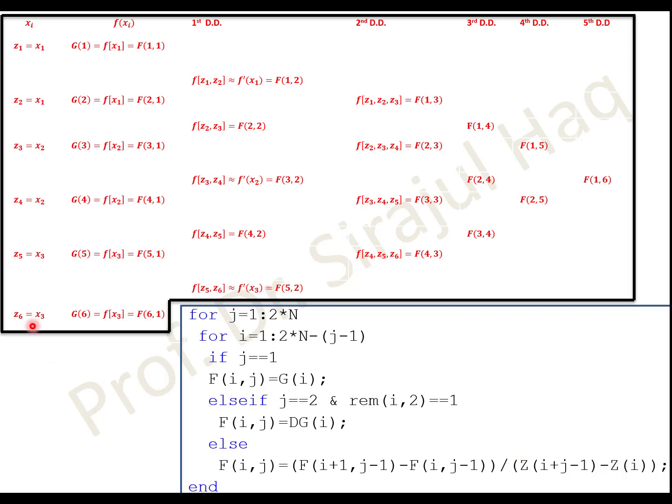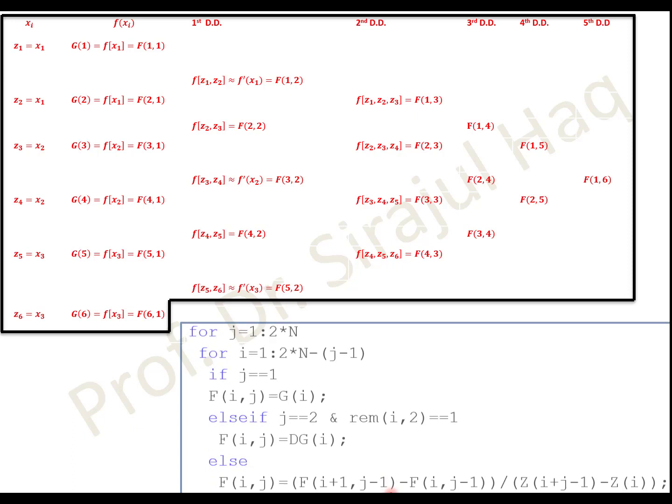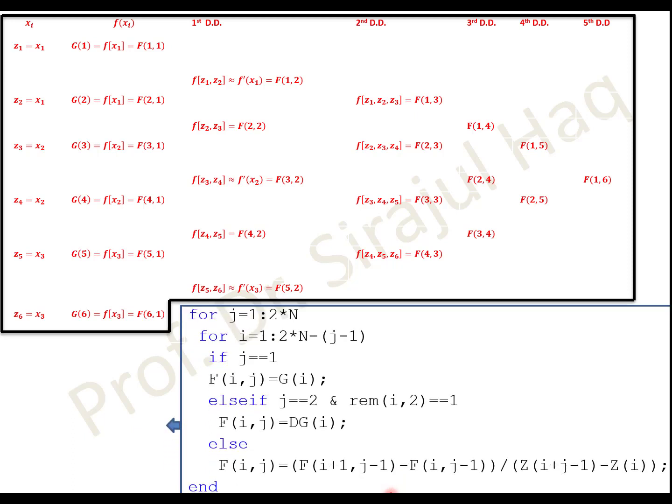So you can see that z6 is x3 and z1 is x1, so we don't have the problem. So this loop generates the divided differences table which we need in the Hermite interpolation.